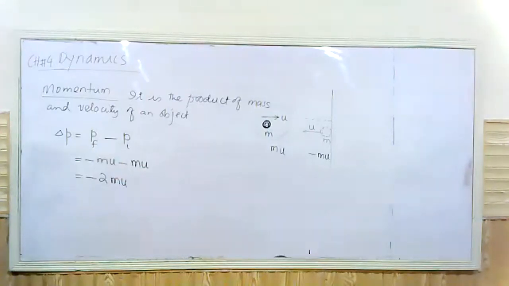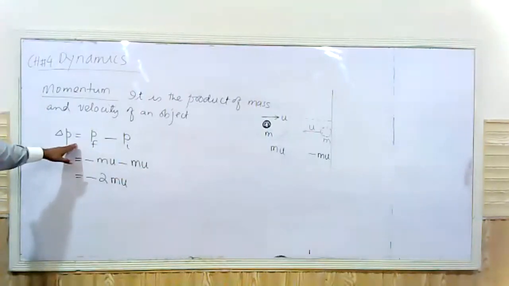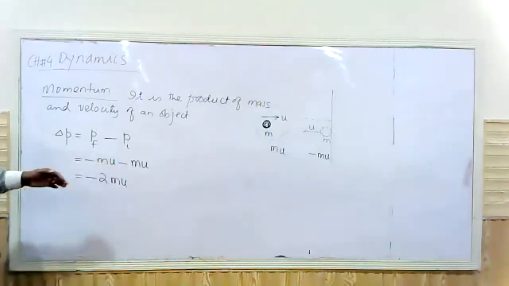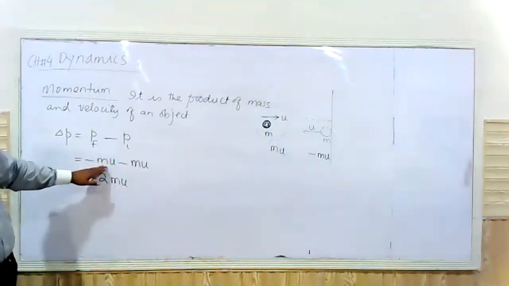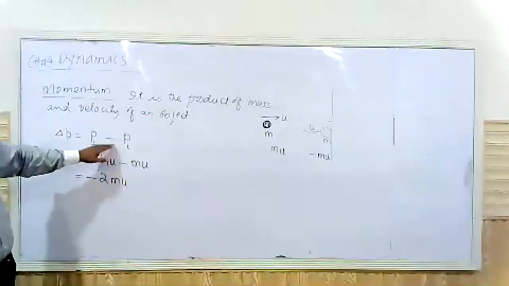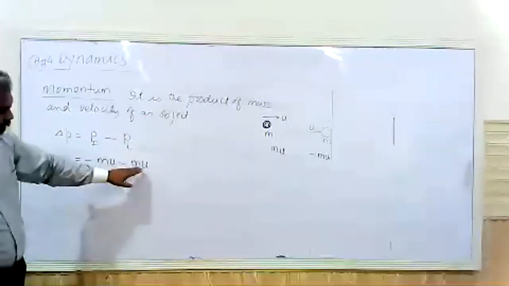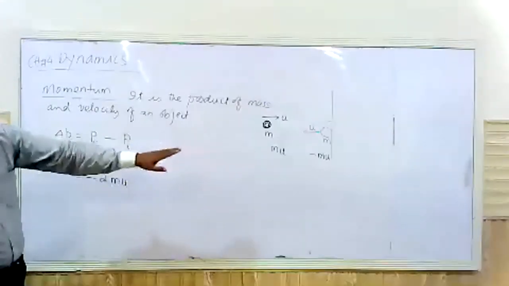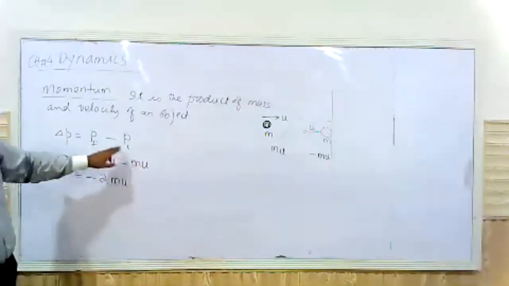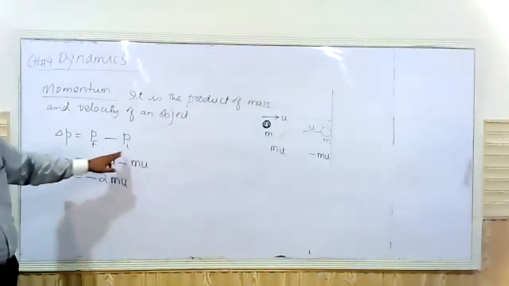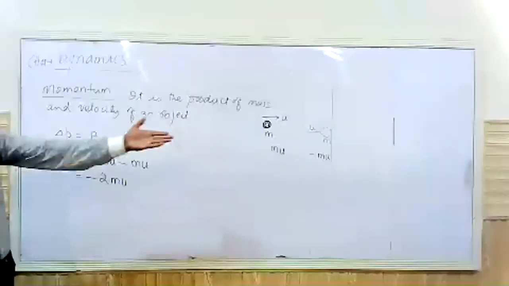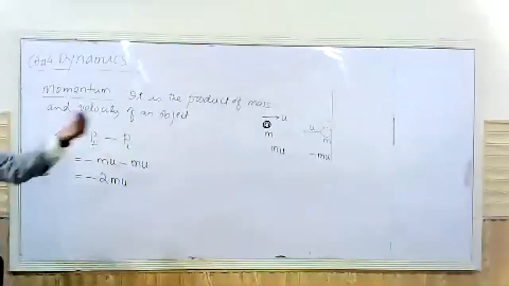And if change in momentum is to be calculated, we carefully see and calculate what is the final value of momentum, what is its sign, and with the minus sign in the formula, we write the initial momentum mu. If it happens to be positive, it will remain positive, and due to this negative sign, this will also be a negative quantity, and this becomes negative because of the reason I have stated earlier, the change in direction.